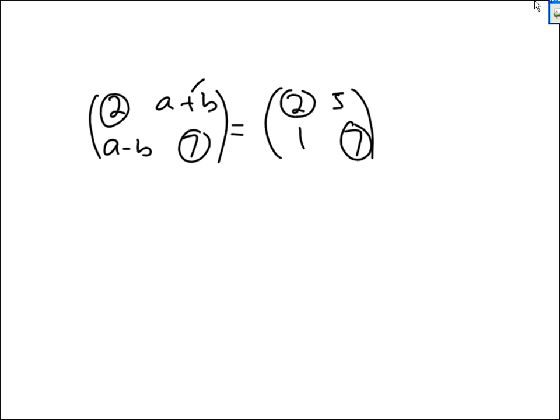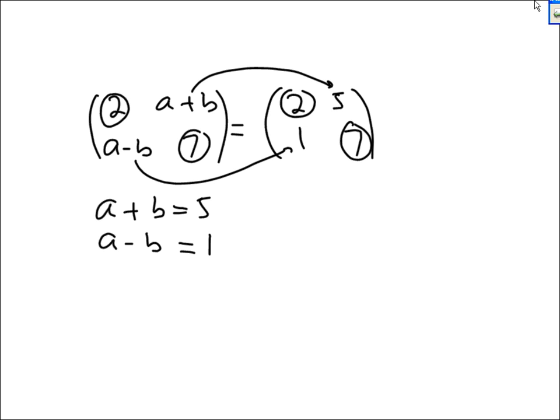So what we have is that a plus b is 5. When you add these two, the a and b are the unknown numbers, you get 5. And when you subtract them, you get 1. Can you think of two numbers that add up to 5, but when you subtract them, give you 1? You really should think 3 and 2.